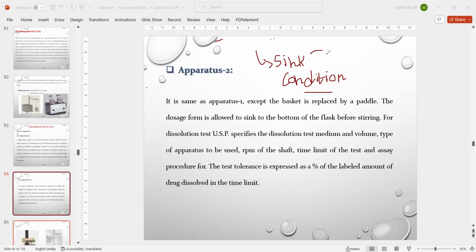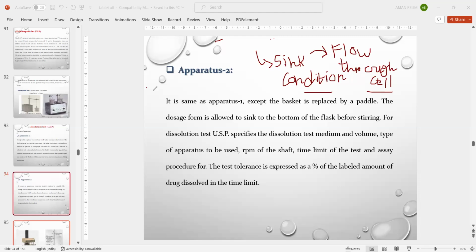For maintaining sink condition, we use flow through cell. Blood flow, no equilibrium. Yes, you are partially correct.